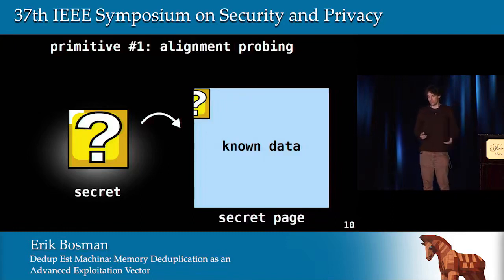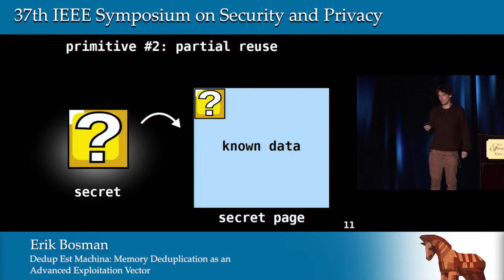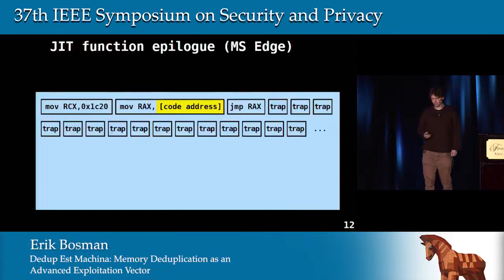And this allows us to reduce the entropy and leak the information. We have a second primitive, where if you cannot control the alignment, but can possibly overwrite parts of the secret in memory, we can reduce the entropy that way.